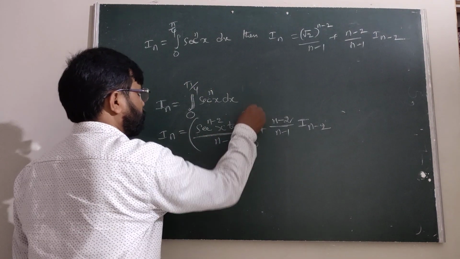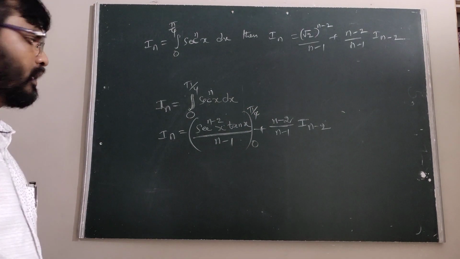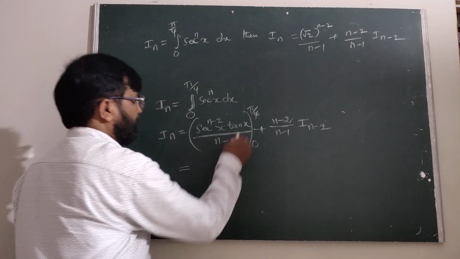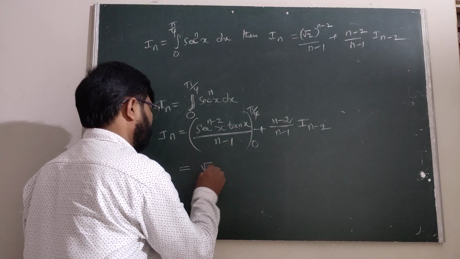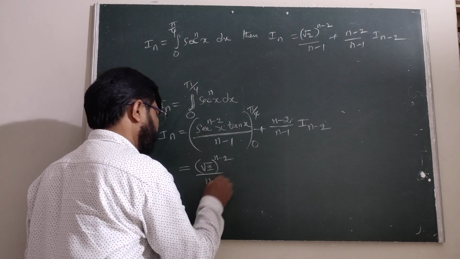When we apply the upper limit, tan 45 is 1, secant 45 is root 2. That means root 2 power n minus 2 upon n minus 1.